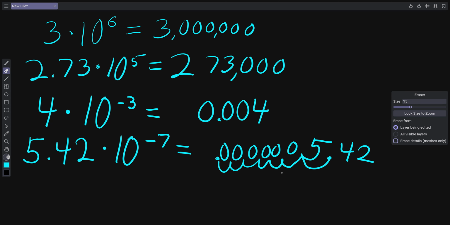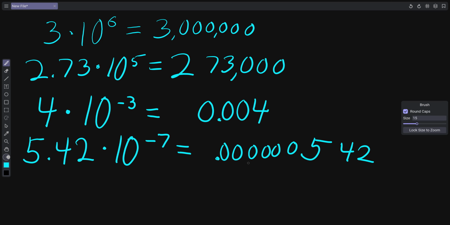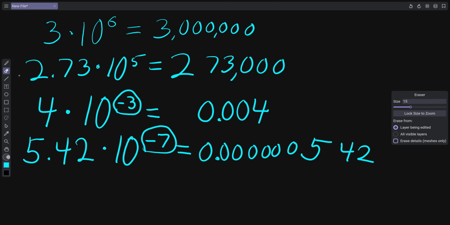And then we would erase this, and we'd leave the decimal point in its new location, and we would get 0.000000542 as our final answer, which is a very small number. Whenever you see scientific notation written this way with negative exponents, it is generally to describe very small numbers.